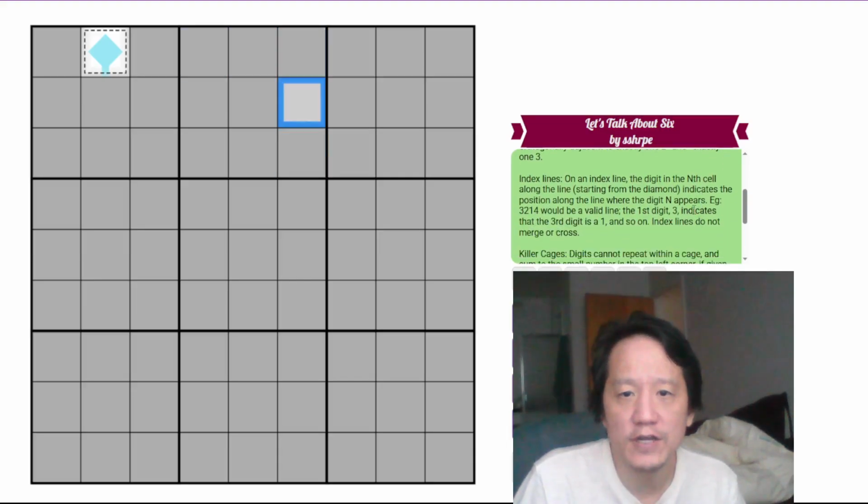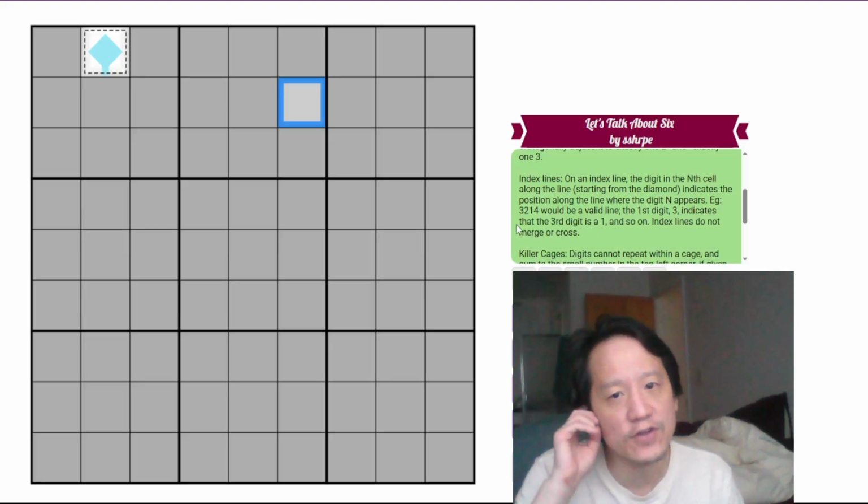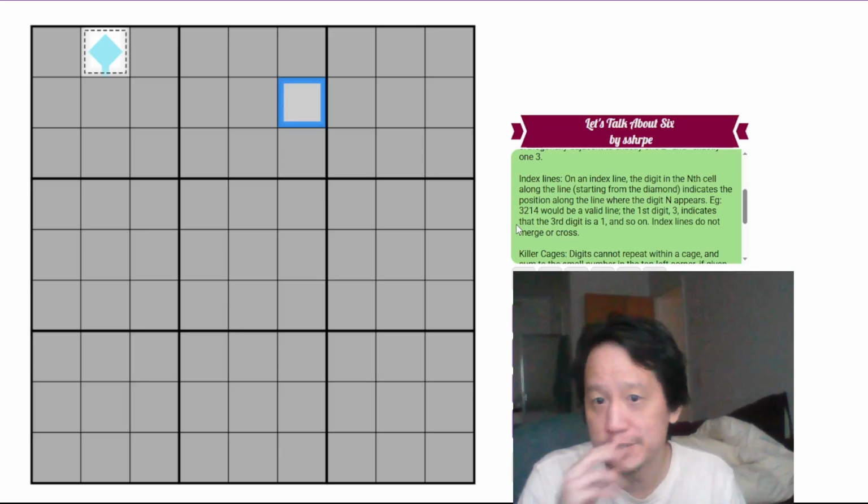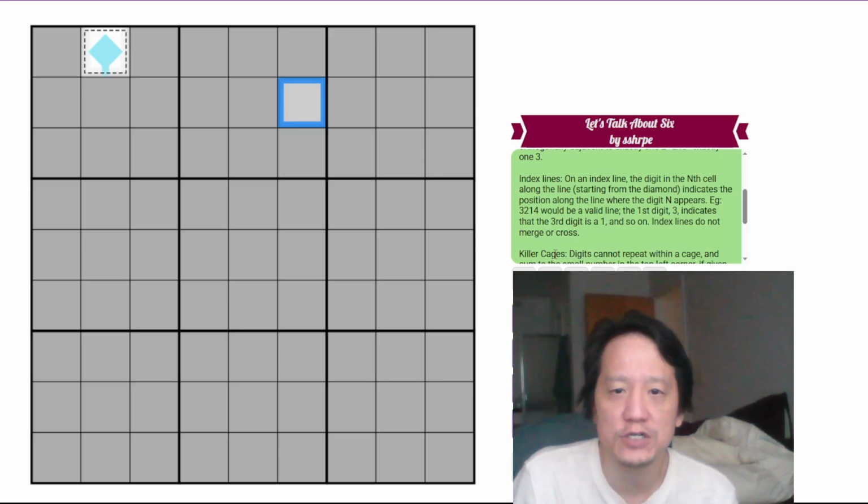We have index lines, where on an index line, the digit in the nth cell along the line, starting from the diamond, indicates the position along the line where the digit n appears. So, for example, let's draw this index line randomly, okay?